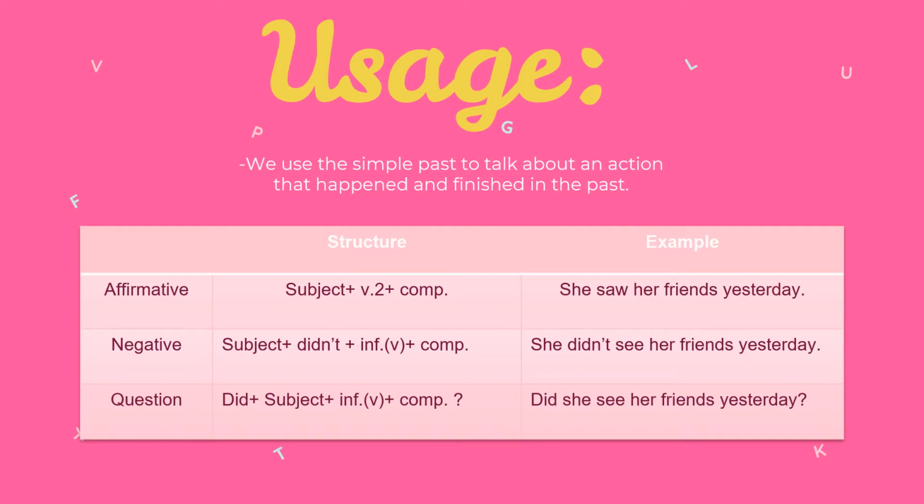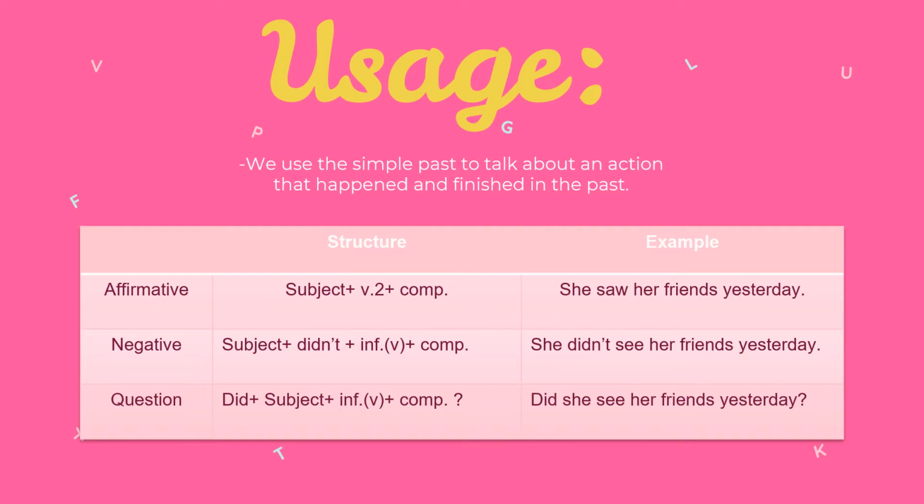An example: she saw her friends yesterday. I used saw, which is verb two, because we are talking about an action that happened in the past and finished. If we want to change it into a negative sentence, we are going to use a helping verb, which is did.